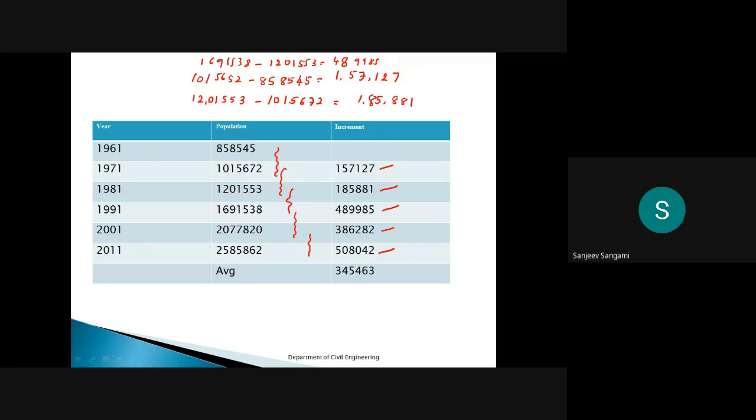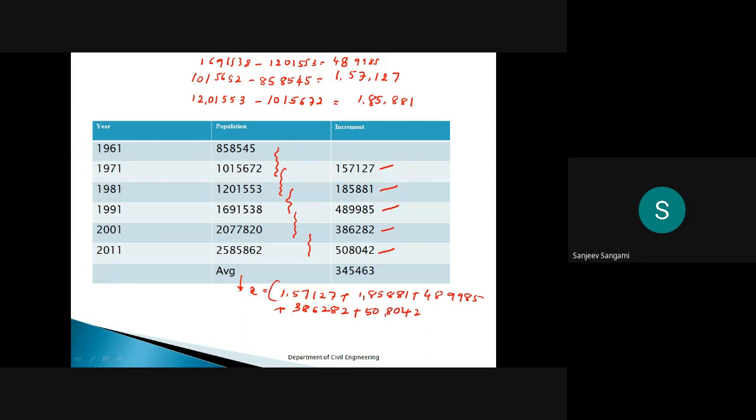This is how you have to calculate all these things. Then the average, that is x, is equal to 1,57,127 plus 1,85,881 plus 4,89,985 plus 3,86,282 plus 5,08,042.